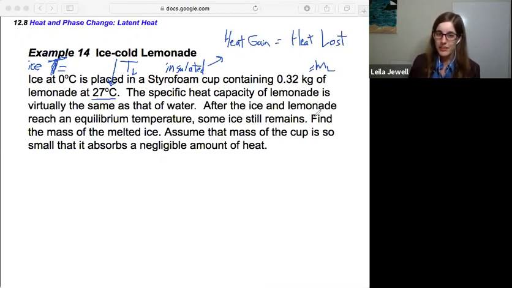And that says after the ice and lemonade reach an equilibrium temperature, which first off, that's a clue. If they're at an equilibrium temperature, that means they're at the same temperature. So T final for the ice is going to have to be equal to T final of the lemonade.